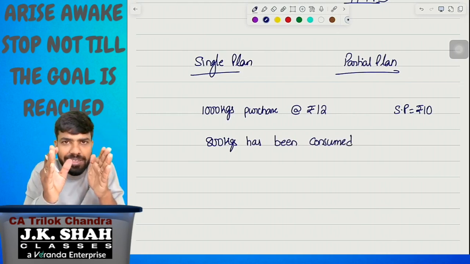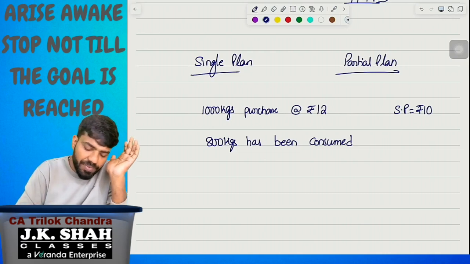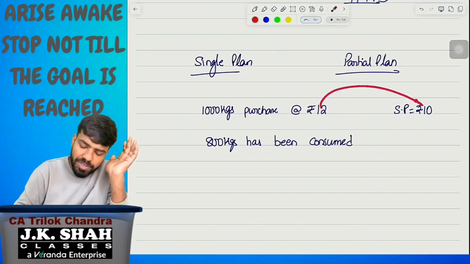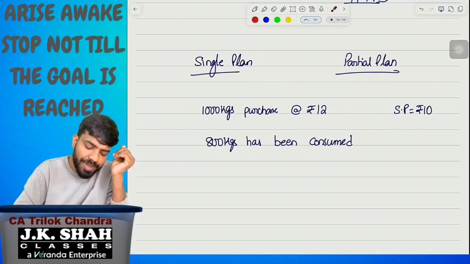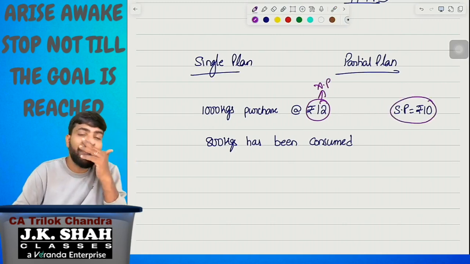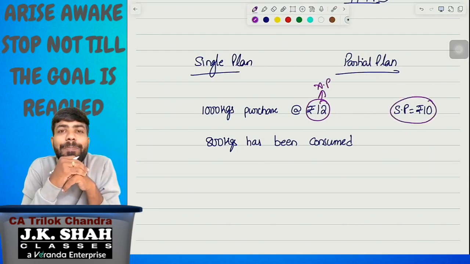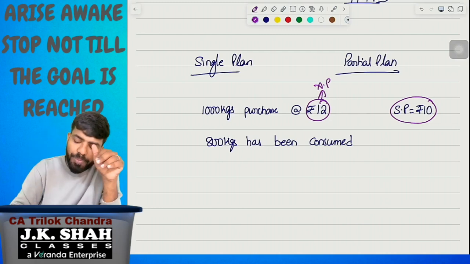Now the point is, when it comes to price variance, if you observe these two, there is a price variance of 2 rupees. This is actual price, and this is standard price. What is the standard price? The price allowed. The purchase manager has to purchase at the rate of 10 rupees. But at what rate is he purchasing? 12 rupees.